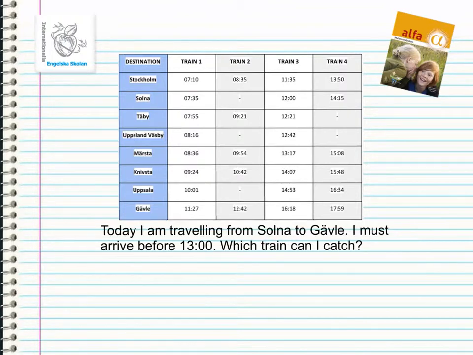So if I look at train 1, that arrives at Solna at 7:35. But train 2 does not stop at Solna. So the only train which I can get, which will arrive before 1 o'clock, is train number 1, and that will arrive at 11:27.